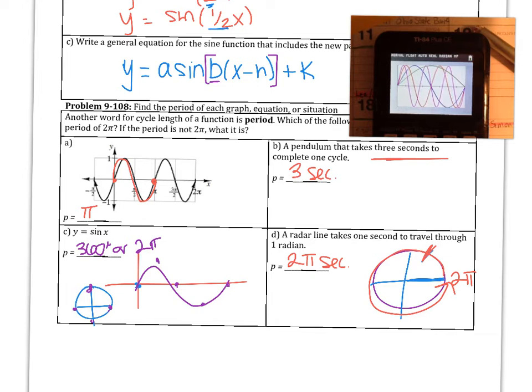Okay, so we're going to move on now to 9.2.3. The purpose of the problem we just did is so that you can see there are times that the sine function will be stretched out, and what that means in terms of formal language is that the period of the sine function can be altered.